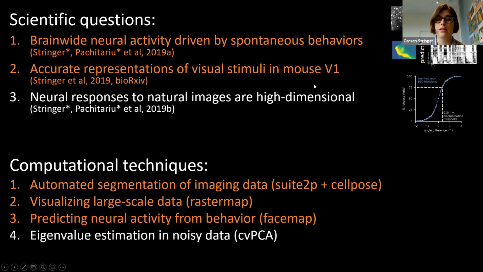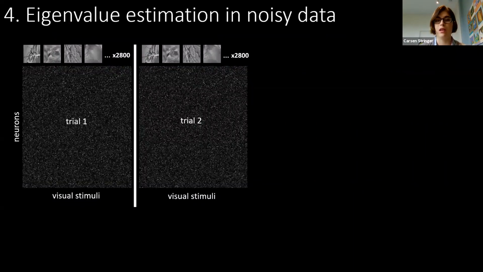The last thing we asked, and I'll just tell you briefly, is we wanted to know, okay, these responses are accurate, but are they high dimensional? Do they have interesting information potentially about the visual world? We were just looking at orientations here. So this last study, which I'll briefly touch on, is where we showed many different natural images to the mice.